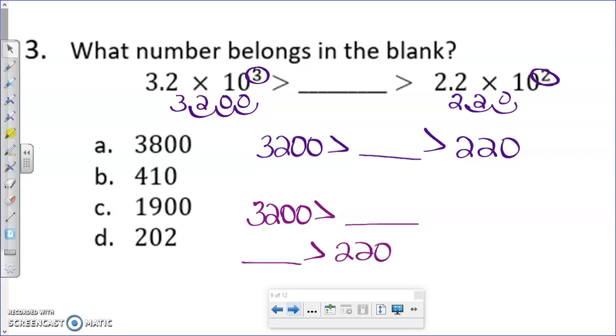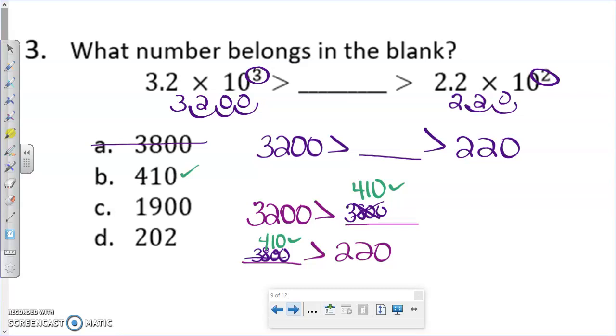So now I need to figure out what numbers are going to satisfy both. So if I put 3,800 into both blanks, 3,200 is not greater than 3,800. That is not true. So I need to get rid of that. So that one doesn't work. So then I go on to the next one. I put 410. 3,200 is greater than 410. So that works. And if I put 410 here, 410 is greater than 220. So that works. So we're good there.